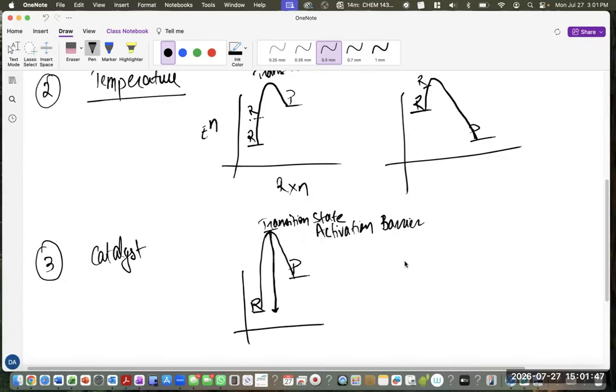So for example, if you have fuel and you have oxygen, both are present in air, imagine, but the fuel's not going to ignite on its own. It needs that spark. So imagine that spark being a catalyst for the reaction to start, because the fuel or the oxygen don't have enough energy to cross this transition state.